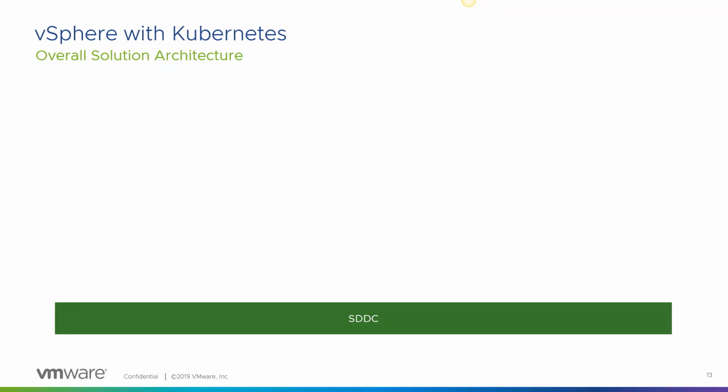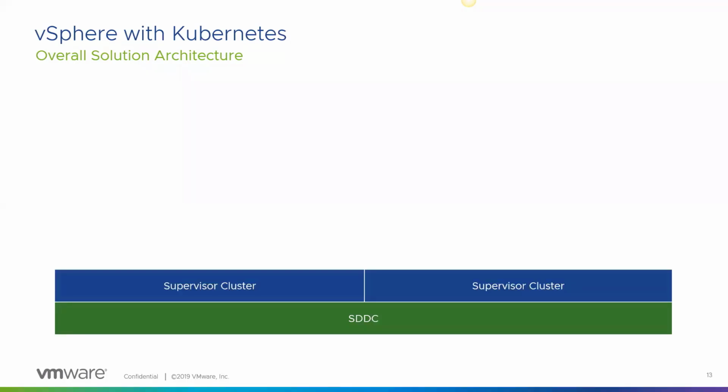Within that SDDC, we would have one or more vSphere clusters. Here we've illustrated two vSphere clusters. Now, these vSphere clusters, one or more of them, can be enabled with this capability to run containers natively.